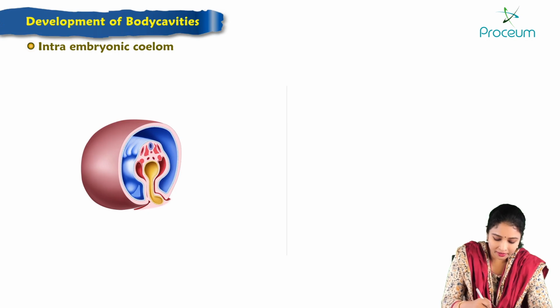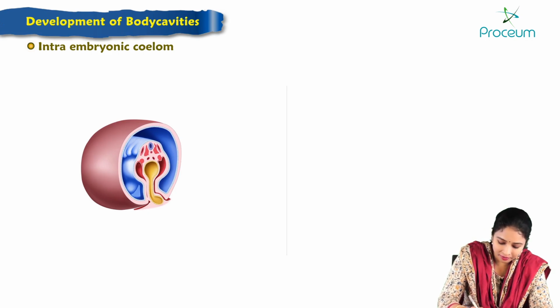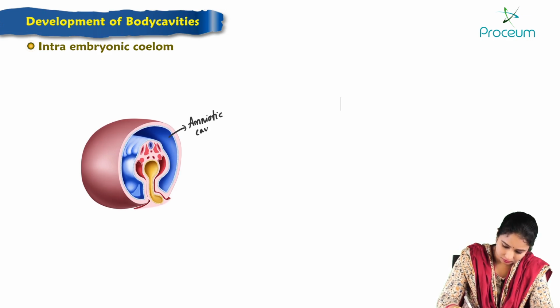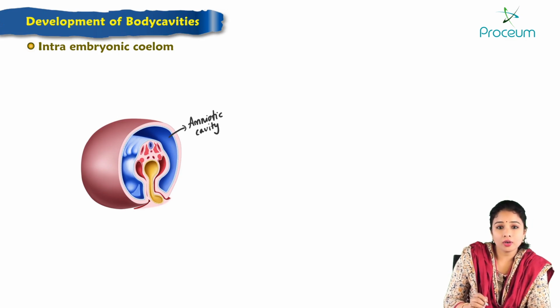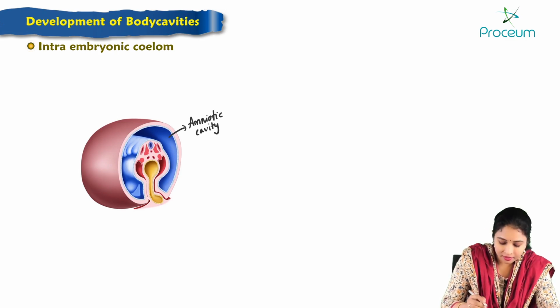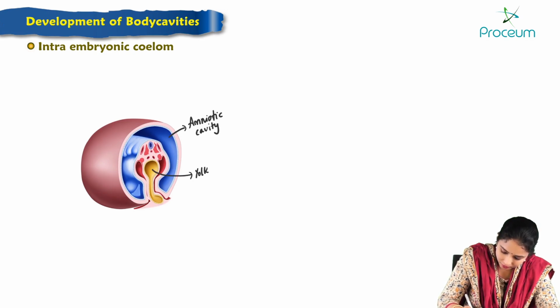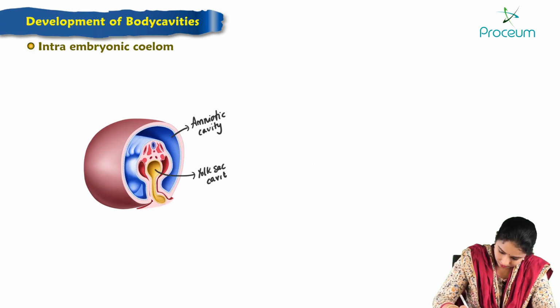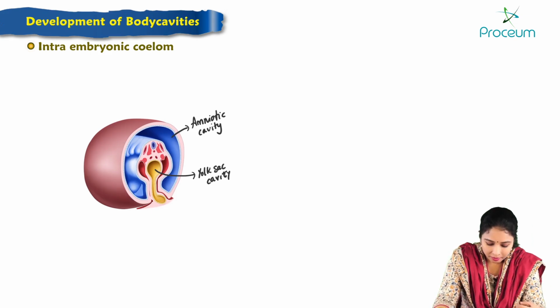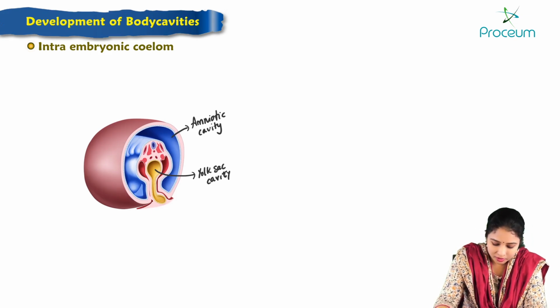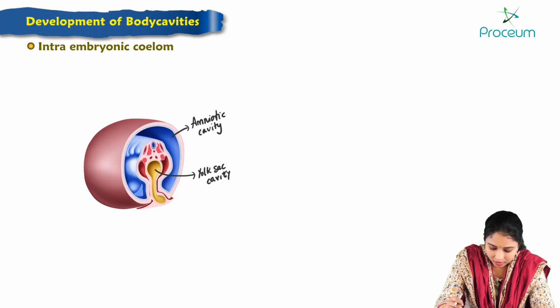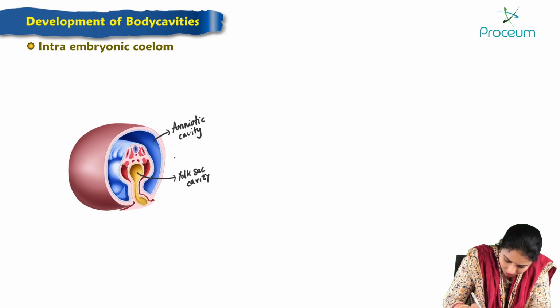The blue lining cavity is the amniotic cavity, and the yellow lining cavity is the yolk sac cavity, which has regressed to a smaller size. And we can appreciate intraembryonic mesoderm, which is shown in red or pink color.